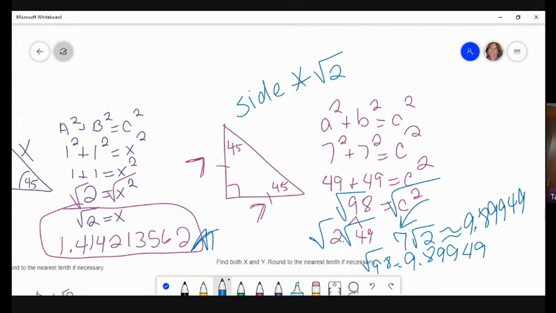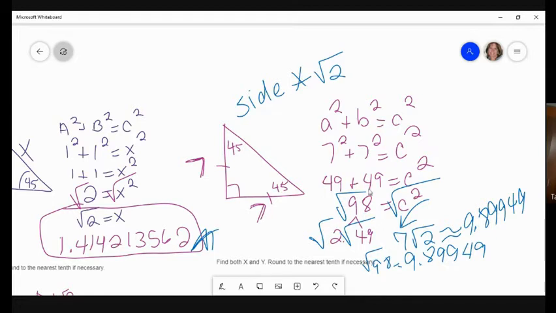Okay, now that's the big complicated story on why or how we get the 7 square root 2. Kind of going back to our previous problem, again, like I said, that was doing it by the Pythagorean theorem.